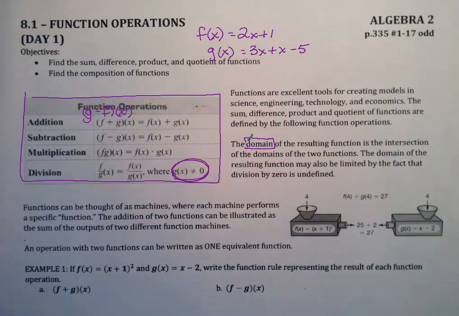The domain of the resulting function is the intersection of the domains of the two functions, so it's where they intersect. The resulting function may also be limited by the fact that division by 0 is undefined. We put a limit on it because it can't be 0, otherwise our answer would be undefined.